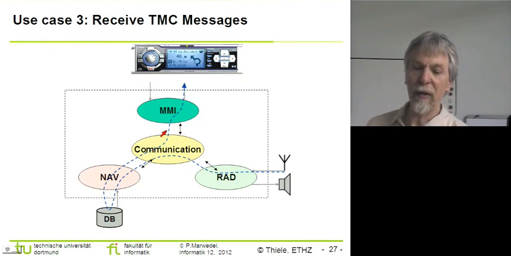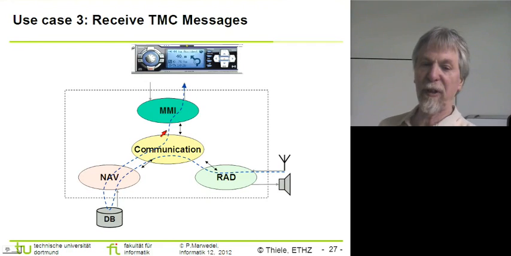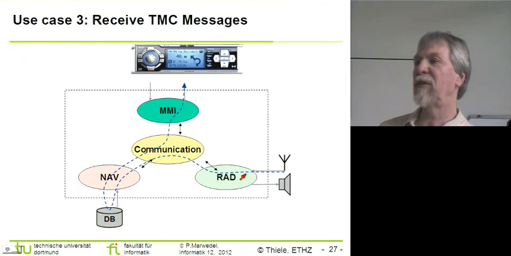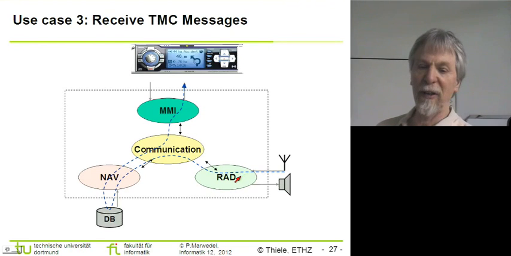And we can do this for a third use case, we can assume that there is an incoming signal from the antenna. The signal from the antenna might transmit some information about some accident.